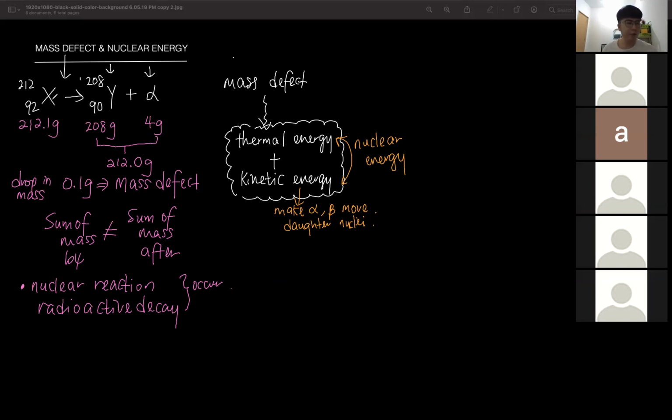Now, for nuclear reactions, usually we don't use kg or gram. We use another unit we call the atomic mass unit, denoted as a lowercase u.